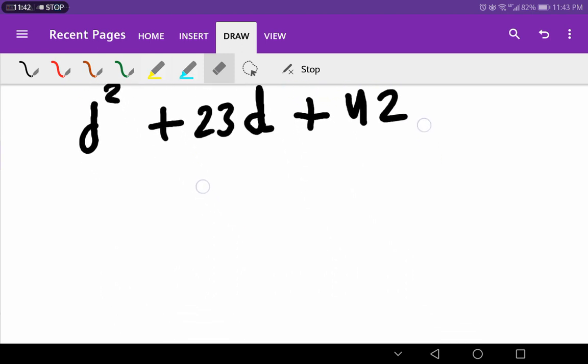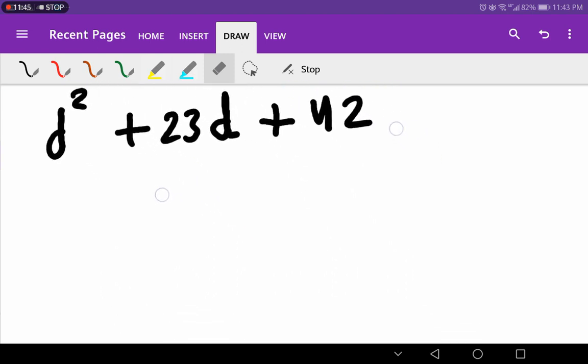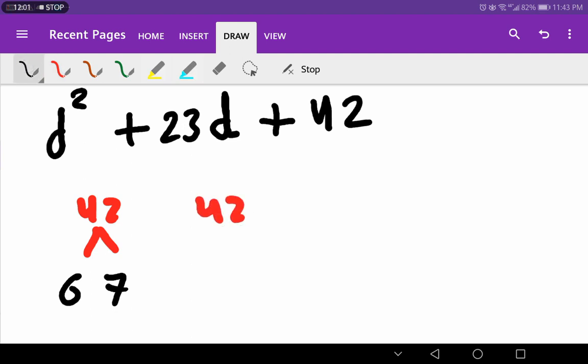Now we go back and check what you know about 42. Actually 42, you have to try this. 42 comes from the famous one, 6 and 7, and 42 comes from 2 multiplied by 21.